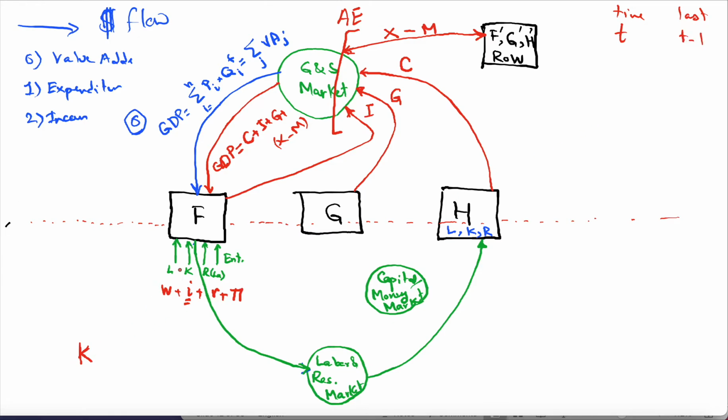So the total magnitude of the capital in time t is the capital in time t minus 1 plus what is being added to it. That's the investment.